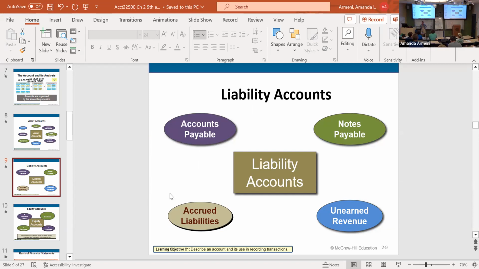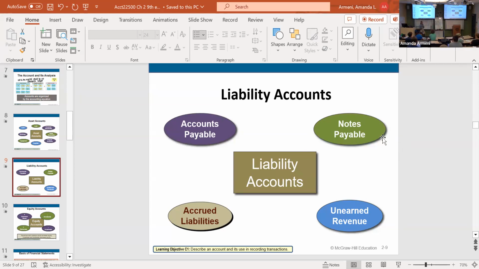Where we have something, but we haven't paid for it yet. And we could specify what that something represents. It represents salaries that we owe to the individual employees. It represents utilities that we have to pay to keep the lights and the gas and the water running, right? So other accrued liabilities. I'm going to jump over here to notes payable before we talk about unearned revenue.